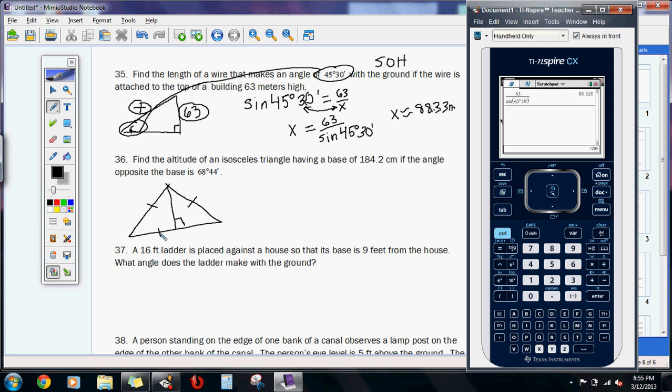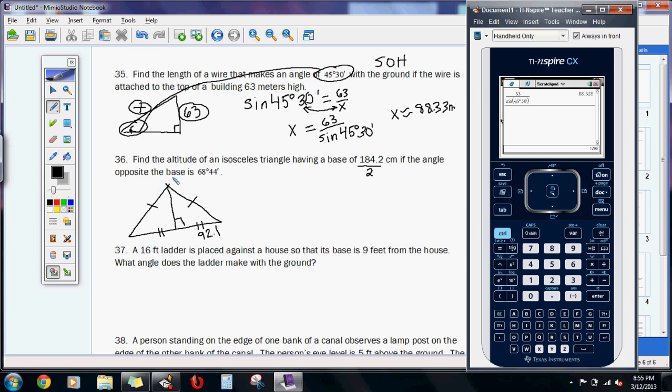So actually what we have here is this segment congruent to that segment. Alright, well we have a base of 184.2. So I'm going to divide that by 2, and I'm actually going to get 92.1 for this double tick marked portion, which is half of the base of the isosceles triangle.